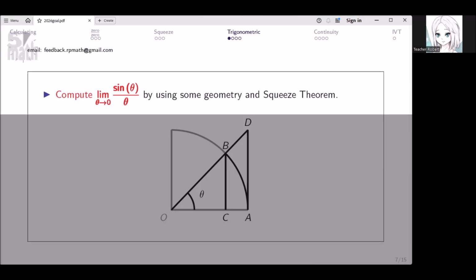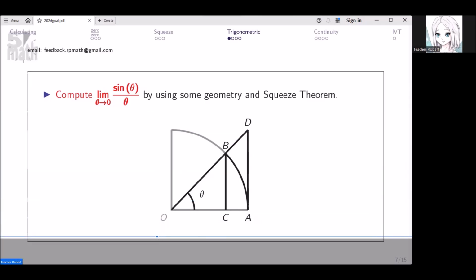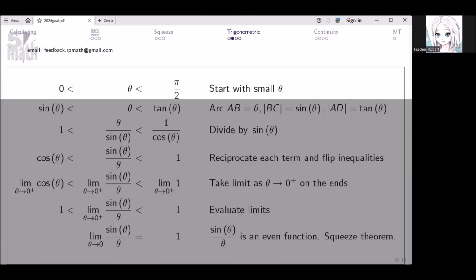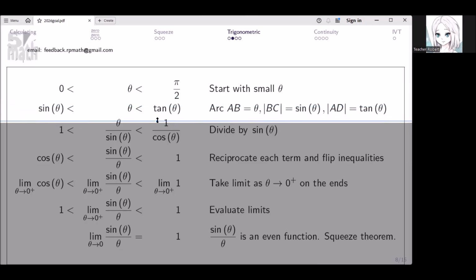Compute limit theta goes to 0, sine theta over theta, by using some geometry and squeeze theorem. Here's a picture. Start with small theta. Arc AB equals theta. Length BC equals sine theta. Length AD equals tan theta.